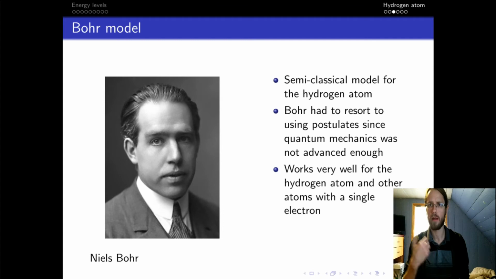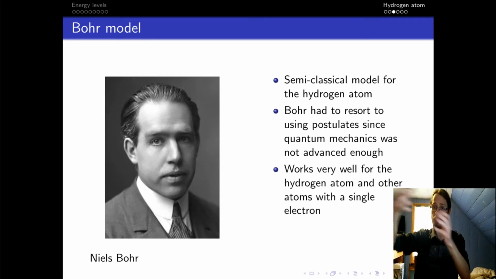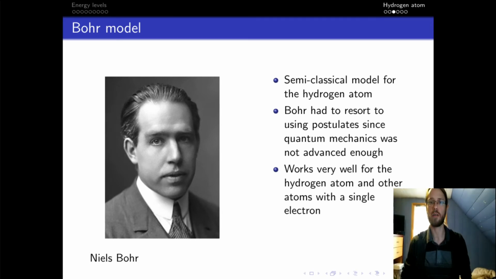So if Bohr did not make this postulate, that would have meant that the electron would constantly give off energy, so lose energy, and go closer and closer to the nucleus until it crashed on it. And it could be shown that under a second, the universe as we know it should have ended. Obviously, that is not the case. So the electron did not go and crash on the surface.